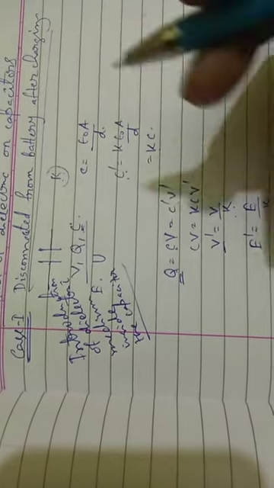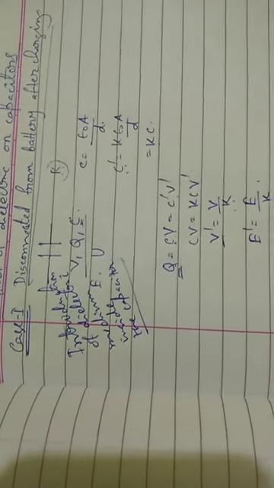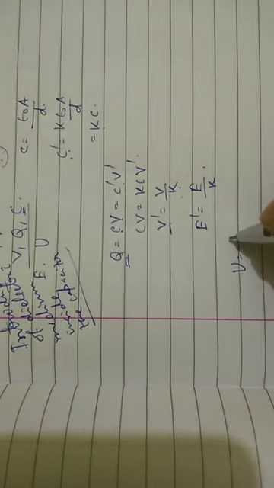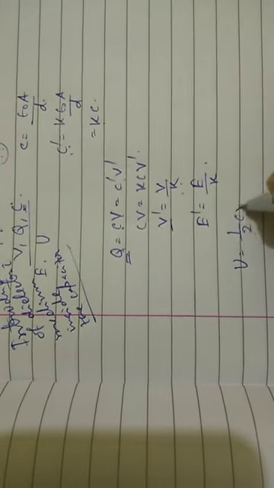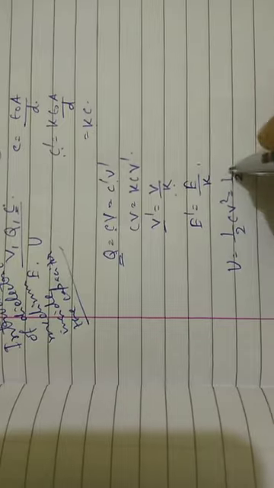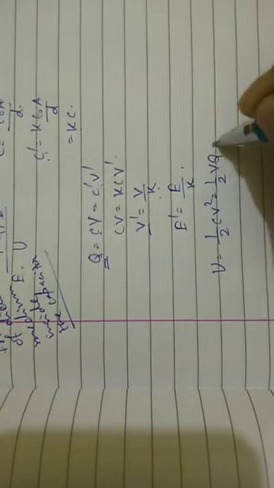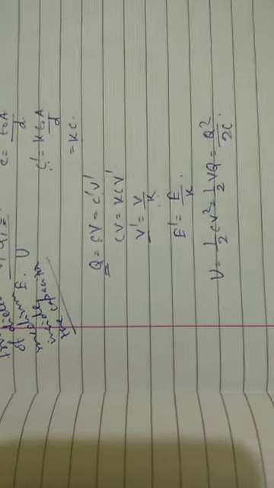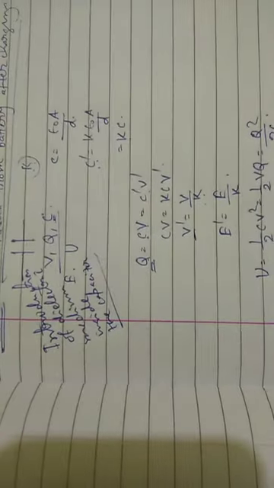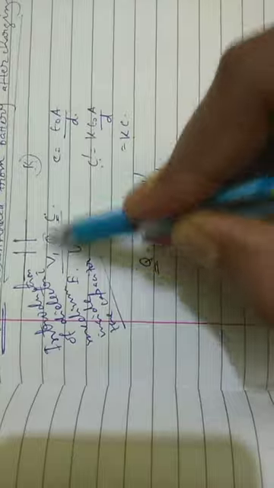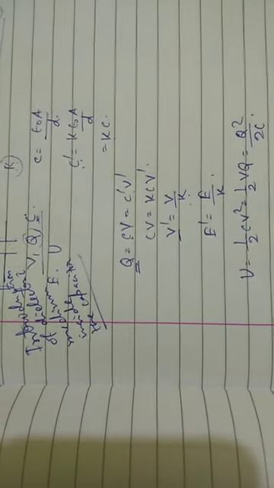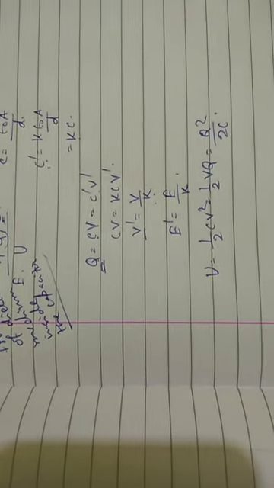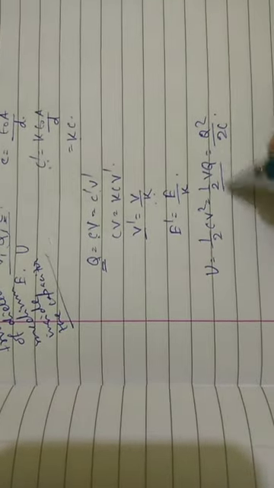The energy stored. Now we already know that there are three equations of energy. One is half CV square, another one is half VQ, and another one is Q square by 2C. Now which one to use? Here Q is constant, so it is better to use the equation where there is a term Q. So either you can use this one or this one.